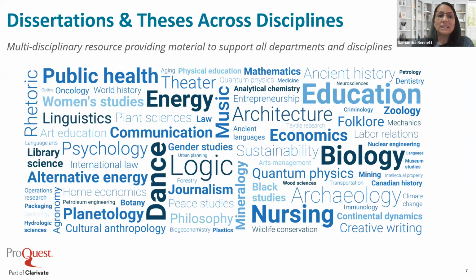Now, as I've said a little bit earlier on, it is multidisciplinary subject information, with resources providing material to support all the different types of departments as well as disciplines. What you see on the screen is some of the subjects covered in our dissertations and theses.